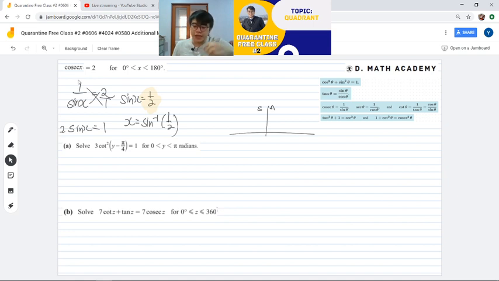Change your calculator back into degree, key in sine inverse 1 over 2. You will get 30, as well as 180 minus 30, which is 150. So you will have 30 degree and 150 degree as your final answer.